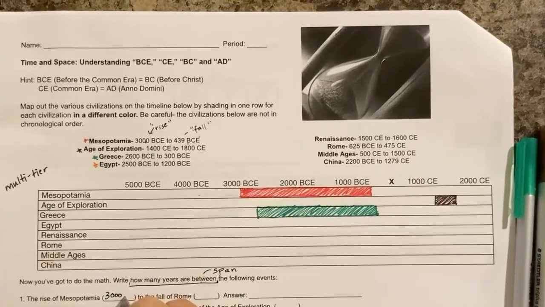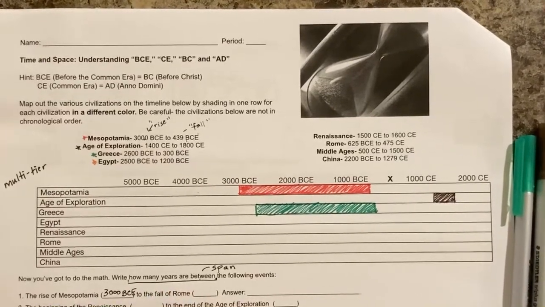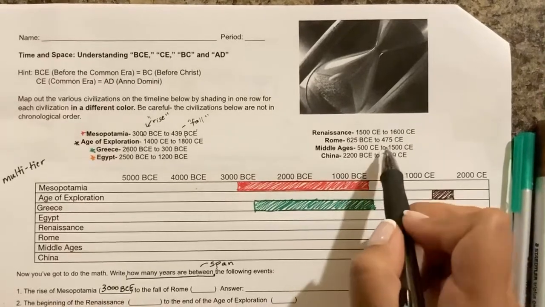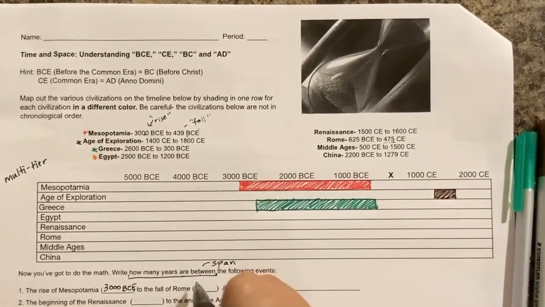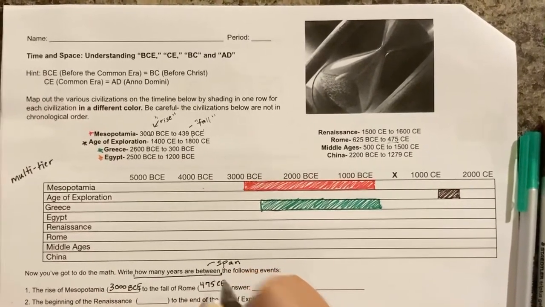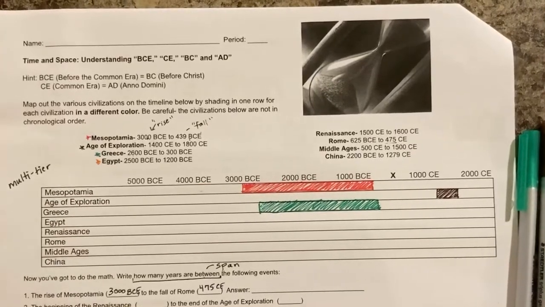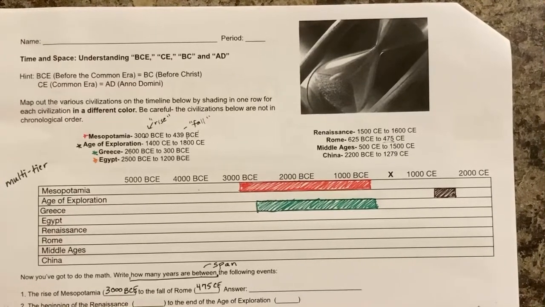So 3000 BCE to the fall of Rome. So the end of Rome, which was 475 CE. And it asks for the answer. So I have to go back to my notes from yesterday and remind myself, how do I find the span?